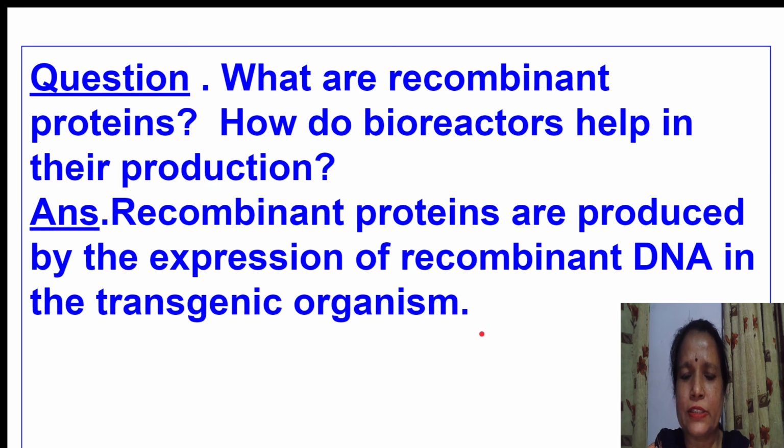So, if we take an example of insulin, that is the desired gene. It is introduced into the host cell and it shows its expression in it. Then that type of host will be known as heterologous host, and the protein which we will obtain from it, that will be known as recombinant protein.